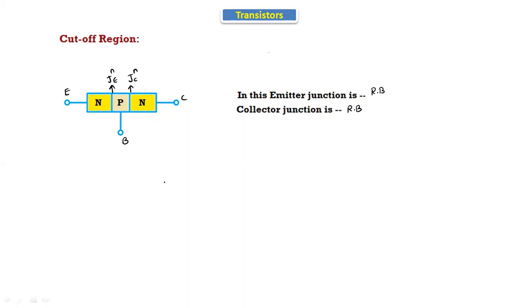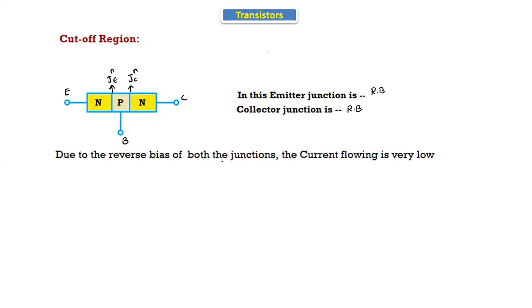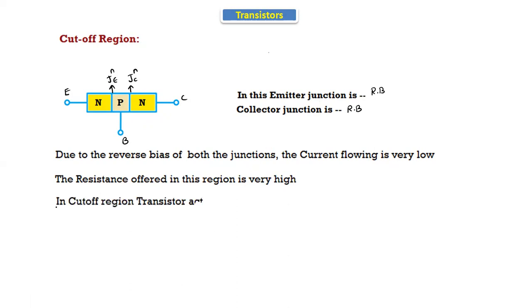Both the junctions are reverse biased in the cutoff region. Due to the reverse bias of both the junctions, the current flowing is very low, and the resistance offered in this region is very high. That's why in the cutoff region, the transistor acts as an off switch.